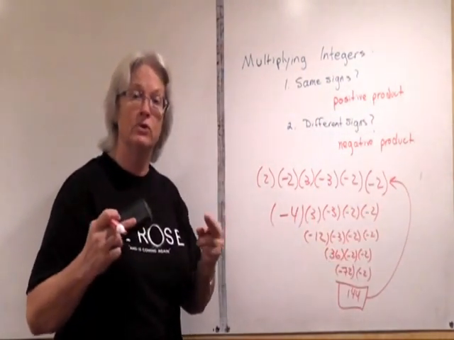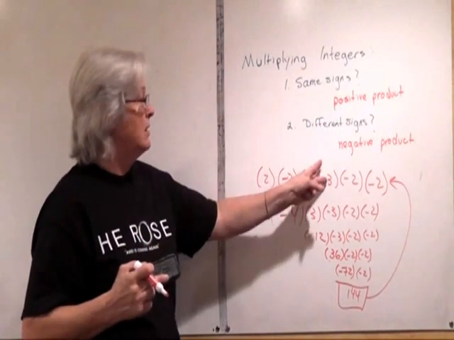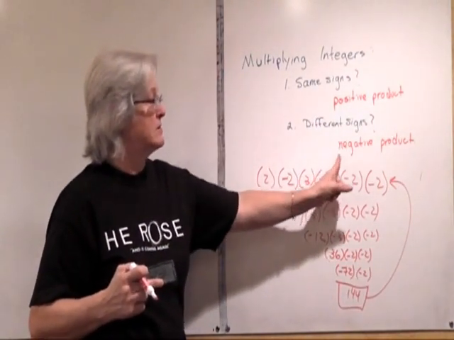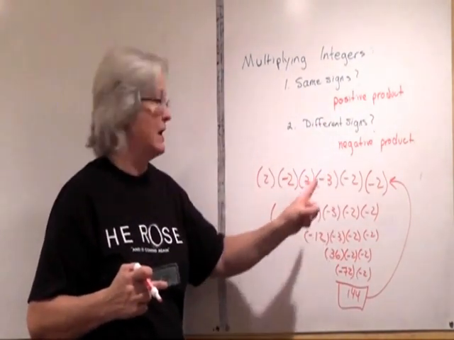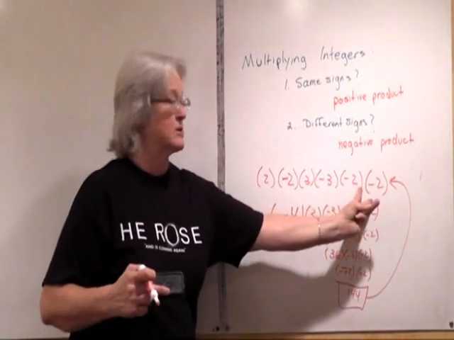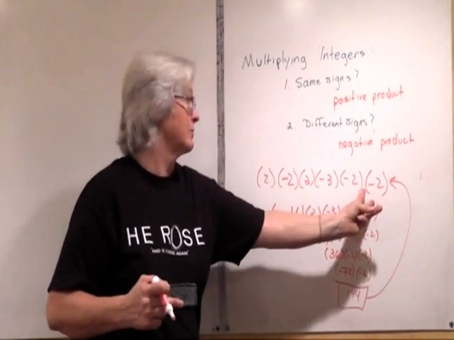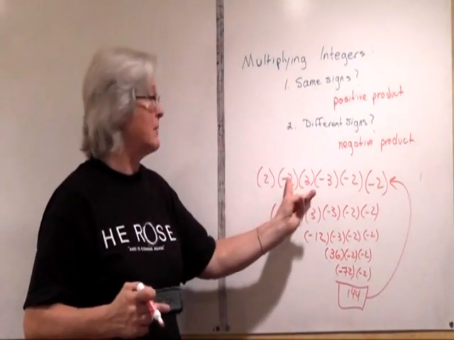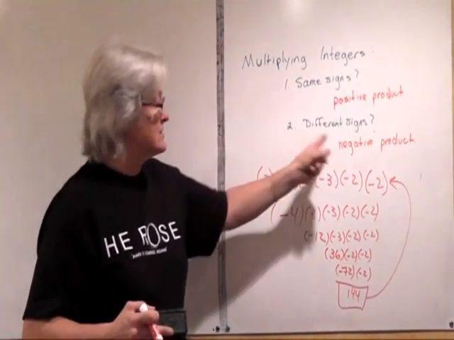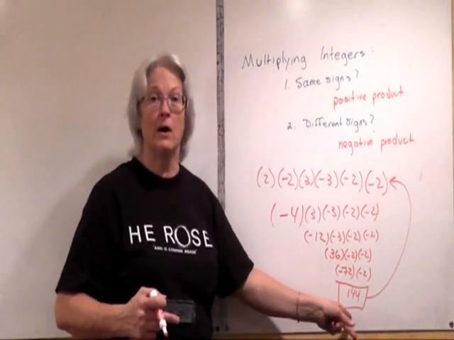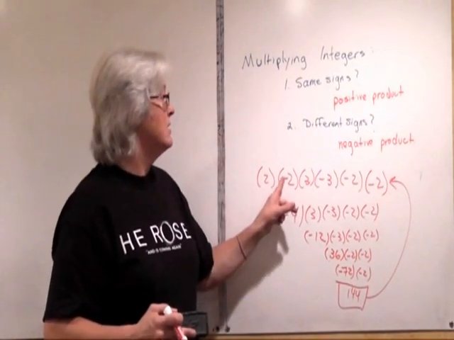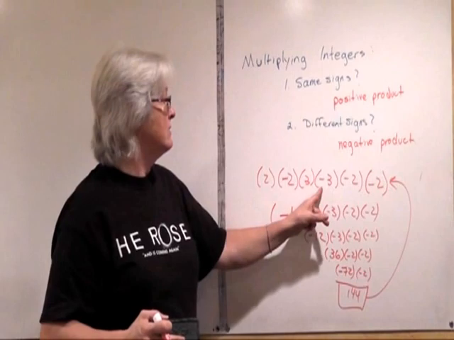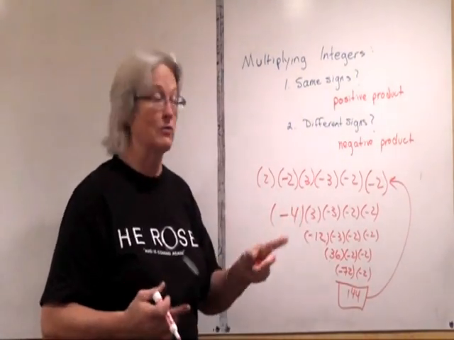So we have two pairs of negative numbers that multiply together. Negative 2 times a negative 2 is a positive 4. Negative 3 times a negative 2 is a positive 6. So that's how we ended up with a positive product, even though we had different signs in front of our factors.